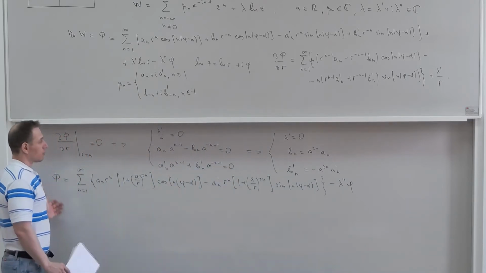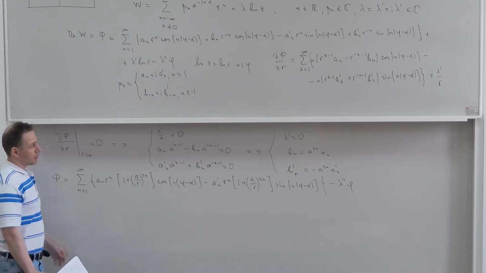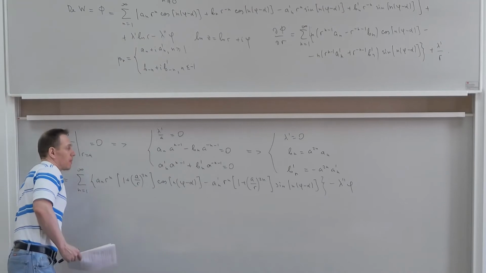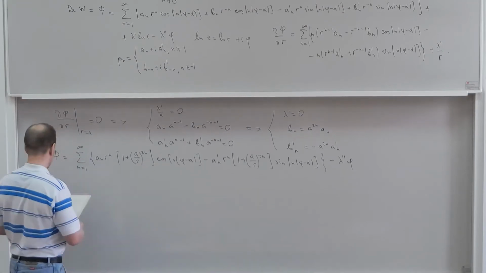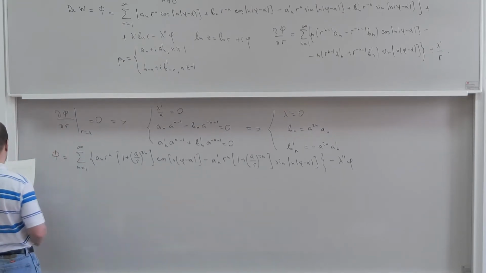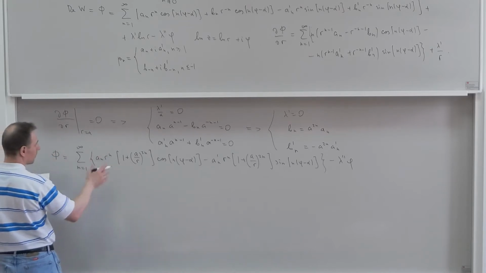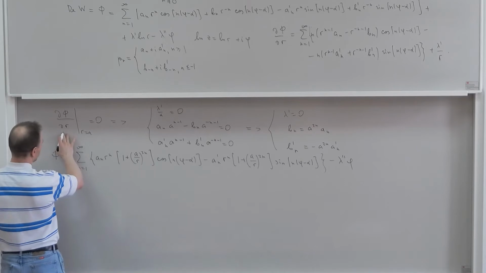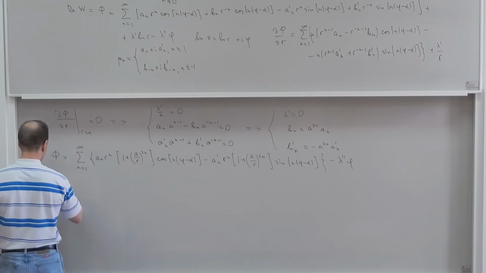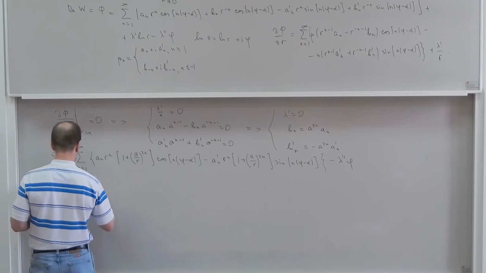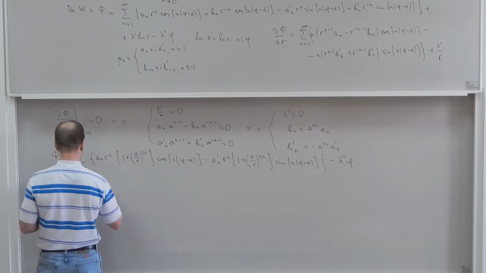Now we need to impose the boundary conditions at spatial infinity, and these boundary conditions. Now we evaluate once again this derivative in order to impose this boundary condition. I write it for your convenience.